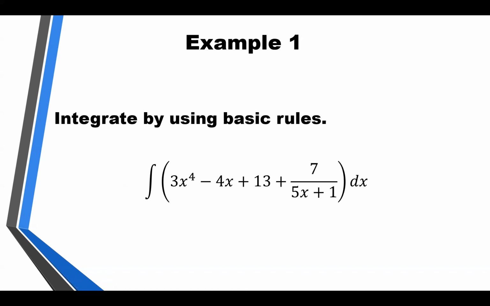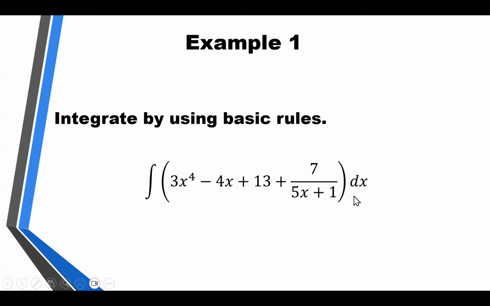Now, before we start doing breakdowns of fractions and messy looking rational functions, let me start with an integration using basic rules. So we're going to integrate 3x to the fourth minus 4x plus 13 plus 7 over 5x plus 1.